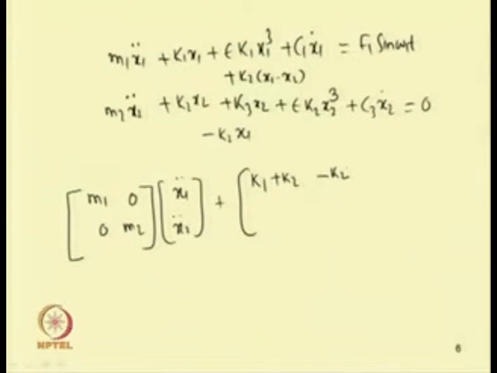So, this is the only linear term, that is x1 x2, and for the second equation it can be written minus k2, and this becomes k2 plus k3 x2.